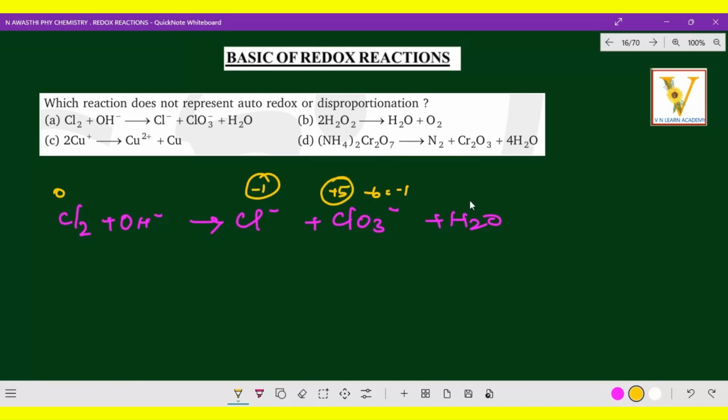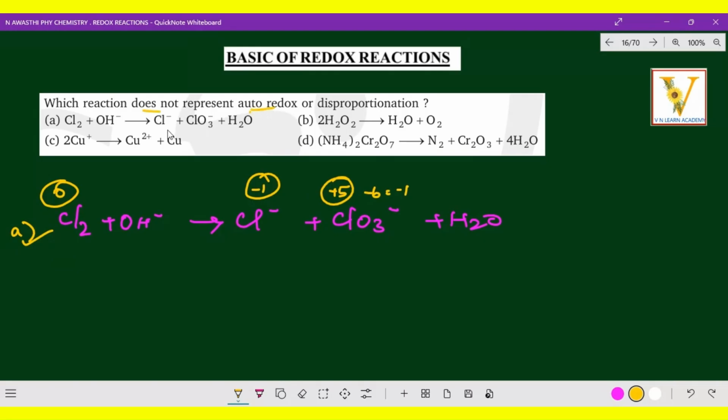So 0 is converted to -1 and +5. Oxidation and reduction both take place simultaneously. So option A is auto redox only.